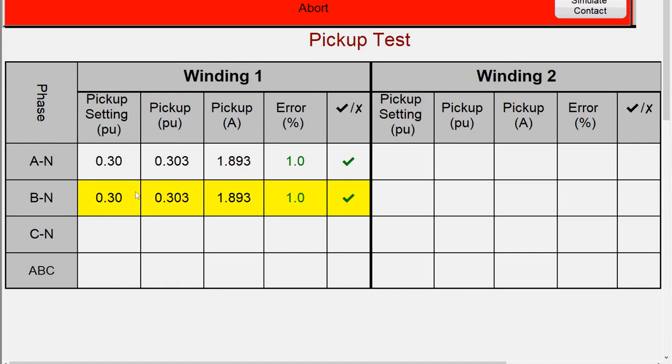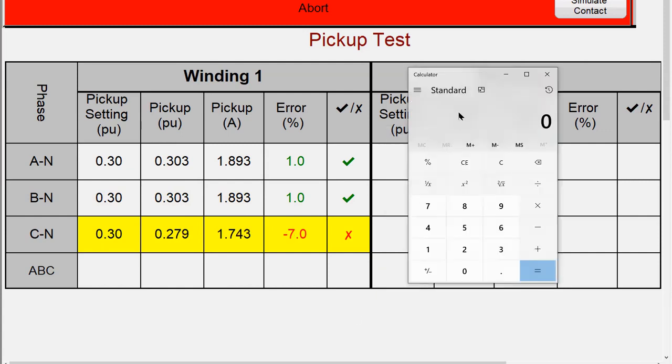So I see that my pickup is 0.3, but we're injecting around 1.89 amps where my relay is tripping, right? So how do we make sure that my relay is tripping indeed at the right pickup value? Let us take a look at how we are arriving at these test values. I have 0.3 as my pickup value.